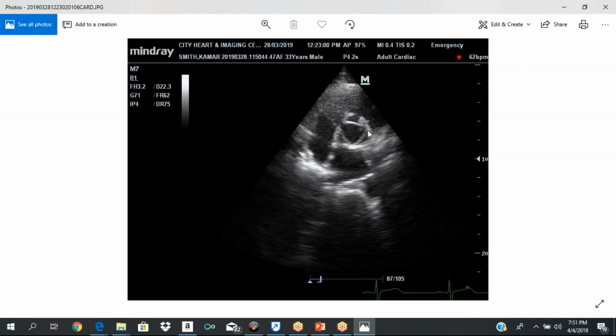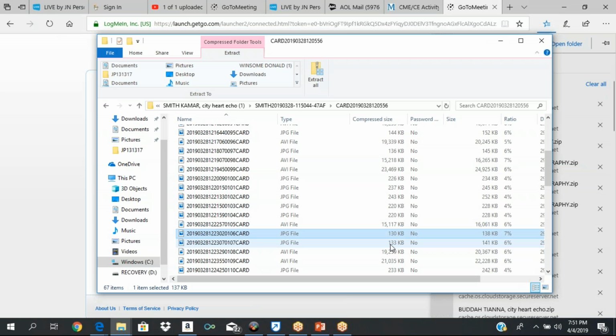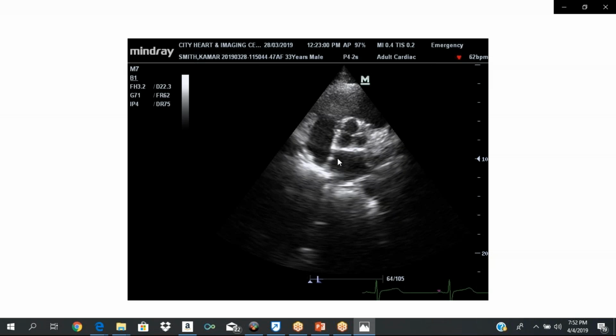Again, you can see it opens in a triangular configuration and closes in a Mercedes-Benz sign.